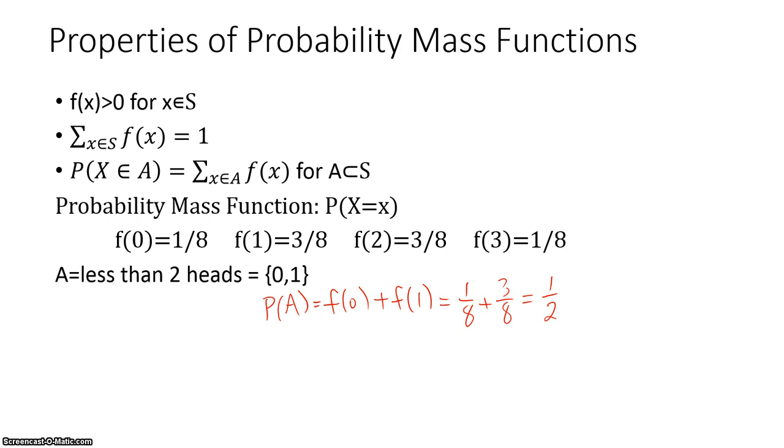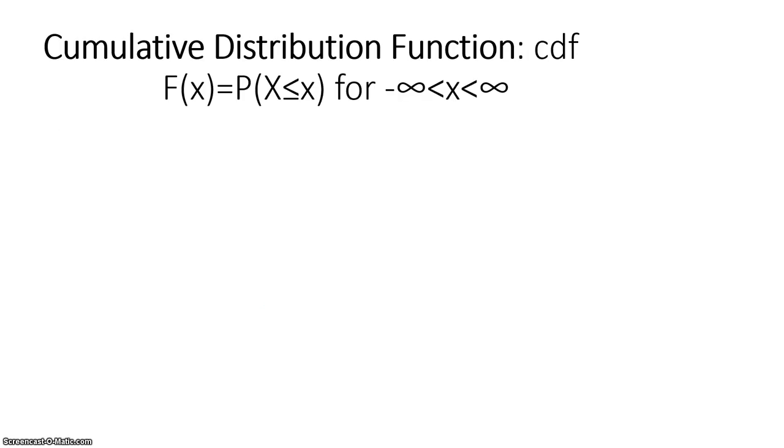Now let's also look at another function associated with the probability distribution of the discrete type, and that is called the cumulative distribution function, CDF. Instead of looking at the probability that our random variable X takes on exactly a particular value x, what the cumulative distribution function does is it tells us the probability that our random variable takes on a value less than or equal to a value little x.